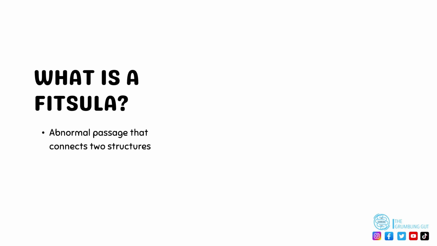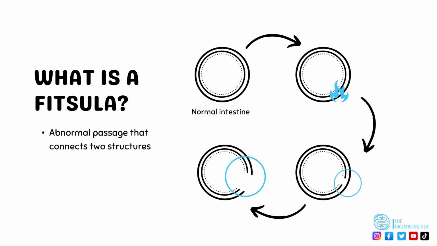Most fistulas in IBD occur in the perianal region and connect to the surface of the anus. So how do fistulas actually form? The way they form is that the inflammation causes damage to the intestinal wall. This inflammation is continuous and causes even more damage to the same area of the wall, which weakens it.